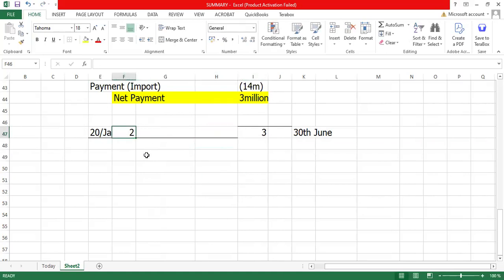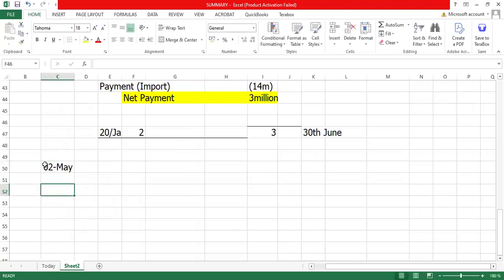In short, the start period is 2, then the end period is 2 plus 3, which gives you 5. So if you have different rates, you must stick to where you have 2 to 5 as your rate.